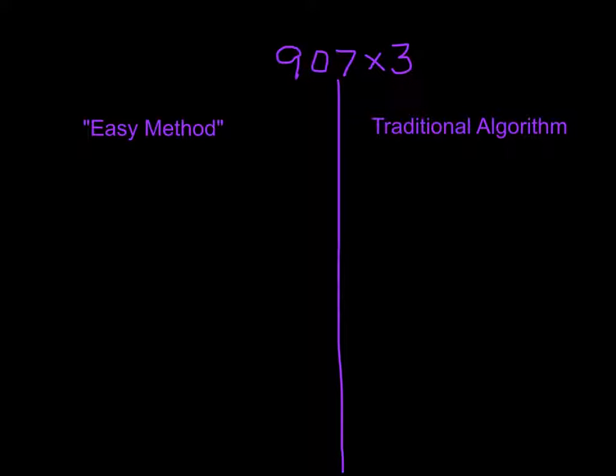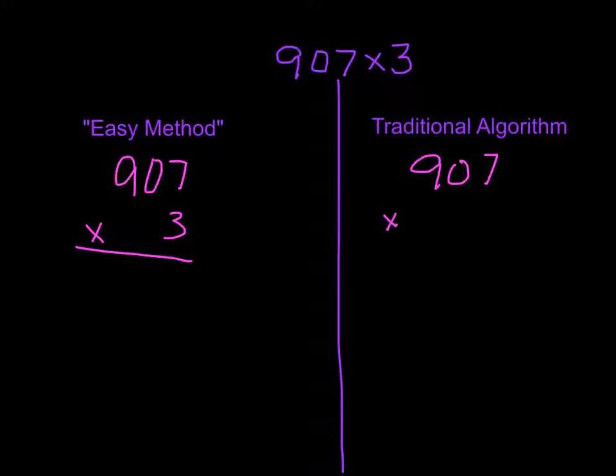One more example to look at, 907 times 3. Okay, we start in the easy method by multiplying the factor 3 by 7, which is in the ones place. 3 times 7 is 21.